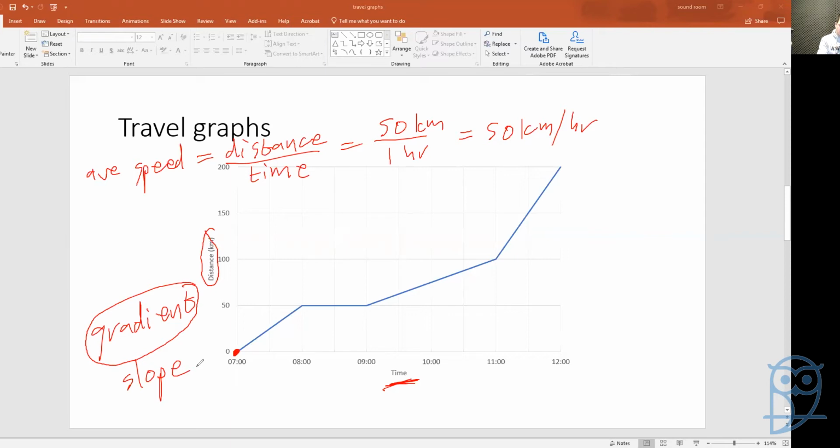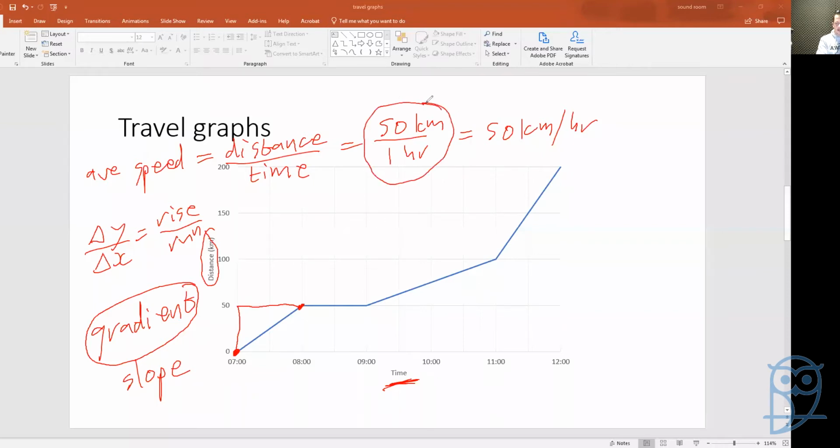And how do we calculate the gradient? We're always told it's change in y over change in x, or rise over run. So we're trying to go from here to there. Rise, run. Rise is 50, run is 1 hour.